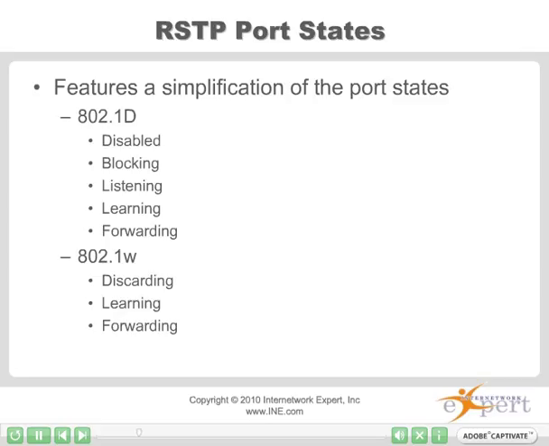They said, look, the port's either forwarding or not, thus the discarding and forwarding states, or it's in transition, and we'll simplify the transition states to just one, the learning state. So a simplification of the port states is where we begin to see engineered improvements in the convergence time for the protocol.